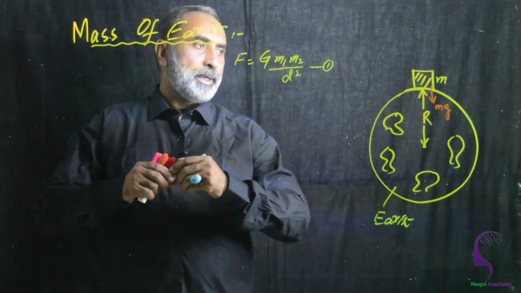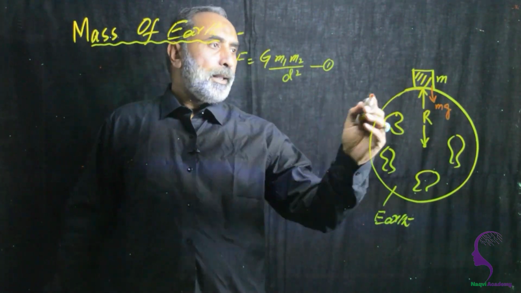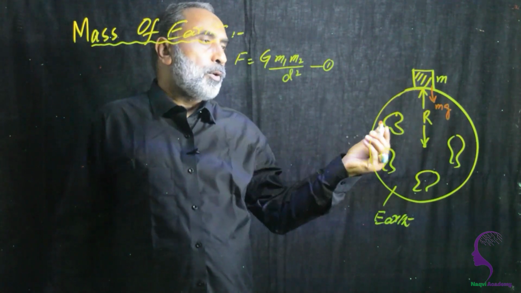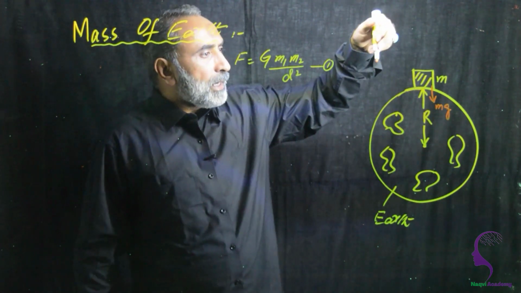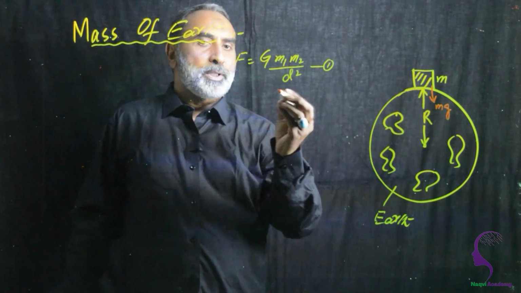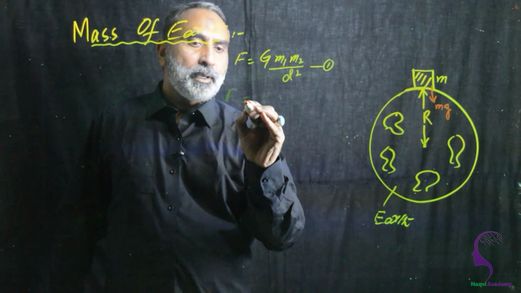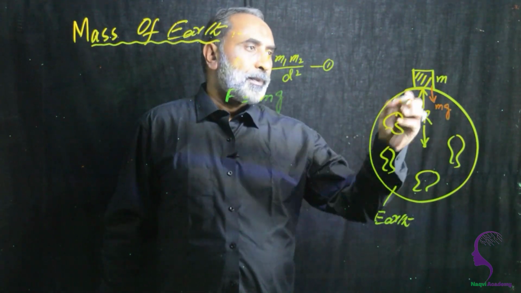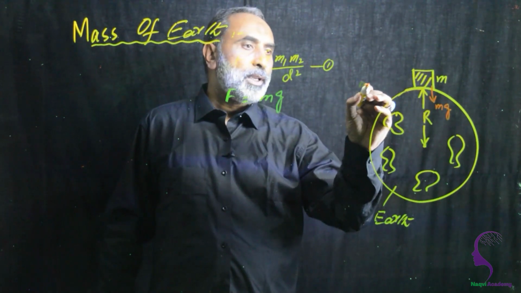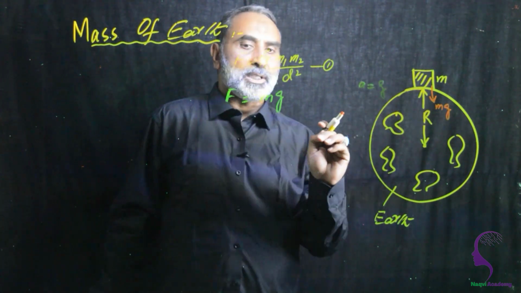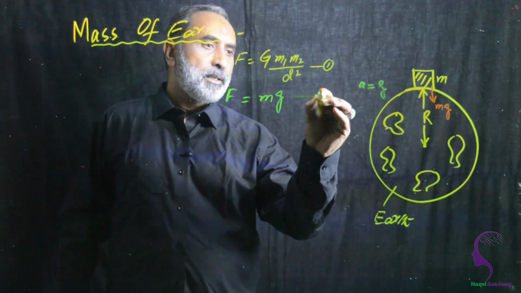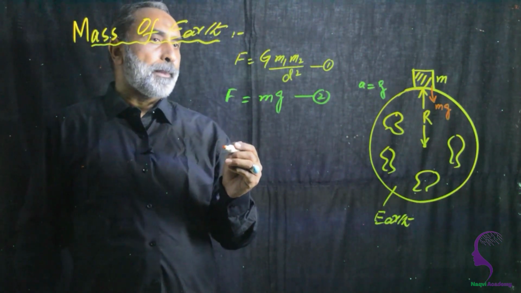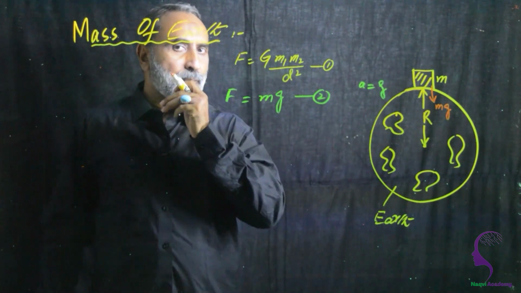Now, dear students, the body exerts force just like Newton's second law, F is equal to ma, but the body is under gravity, so this force may be mg. Instead of a, we replace this with g. When these two forces are equal, the body is going to stay on the surface of the Earth.